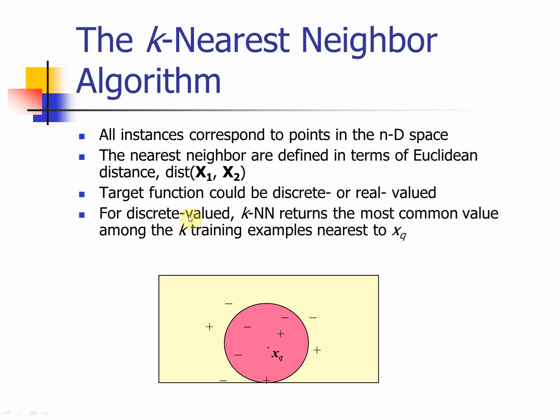For this k-nearest neighbor, the k is a variable. If you use k equals 1, what I'm trying to say is very clear: you find the closest neighbor, and then this testing data is going to be assigned to the same class as that closest neighbor. When k equals 3, for example, then you look at 3 neighbors and then decide what the corresponding value for this sample is going to be. In this figure, you can see that xq is the testing data.